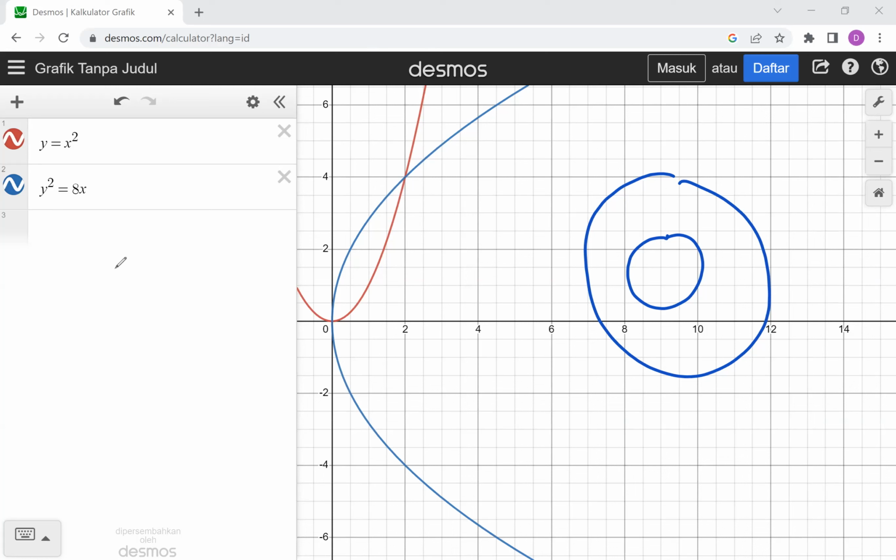Sorry, I unmuted here. If you revolve the region about the x-axis, then you'll obtain a thin cylinder. I will draw separately.